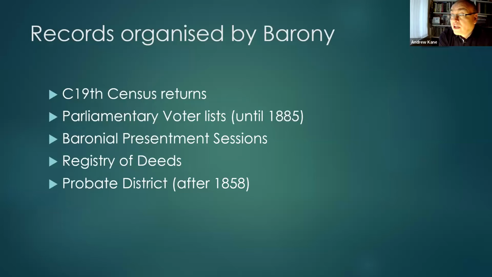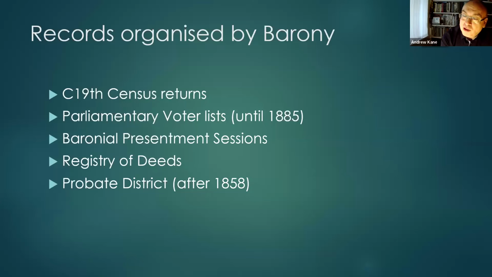You registered to vote in your barony if you were voting in the county constituency. And these first two are things that we refer to quite regularly. They're digitized on various websites and so on. But unless you know what you're looking at, you can't. And none of those records are comprehensive. They don't cover every barony or every townland.